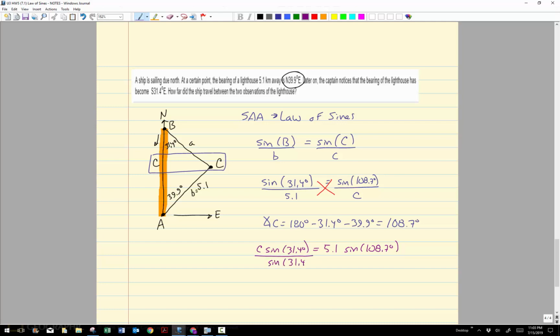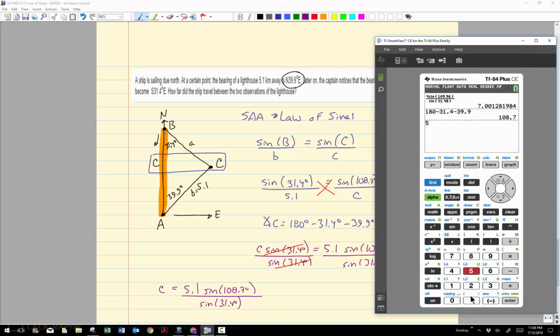Sine 31.4 degrees, so we have canceling occurring here. And then I know that C is equal to 5.1 sine 108.7 degrees over the sine of 31.4 degrees. So let's go ahead and plug this into the calculator and solve.